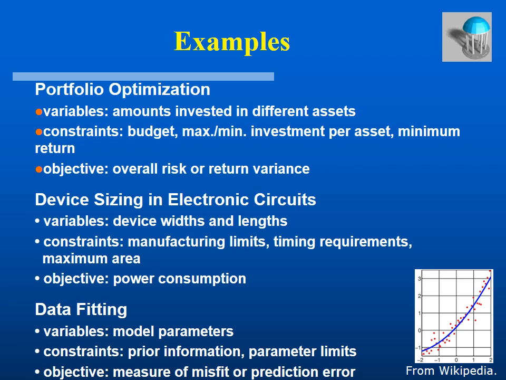We may be unwilling to invest a tiny amount, so we may have a minimum amount of investment per asset. We may be willing to only accept solutions that have some minimum total return.